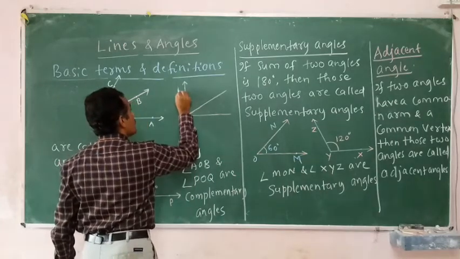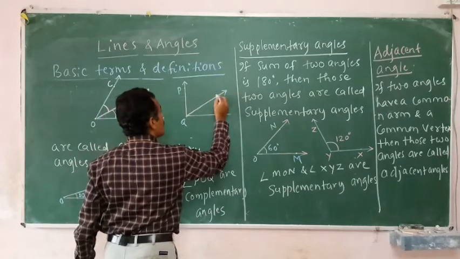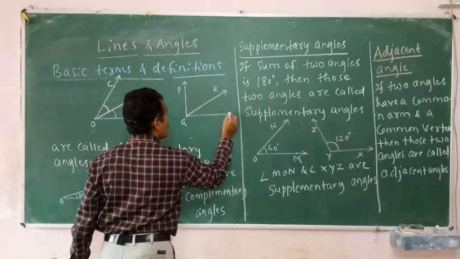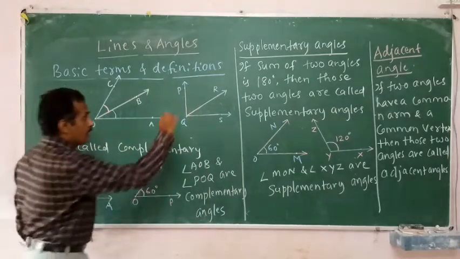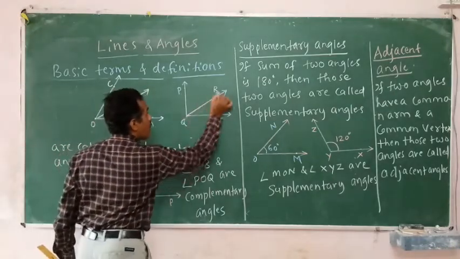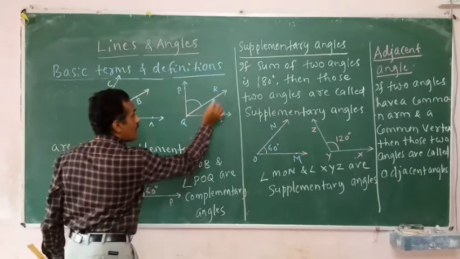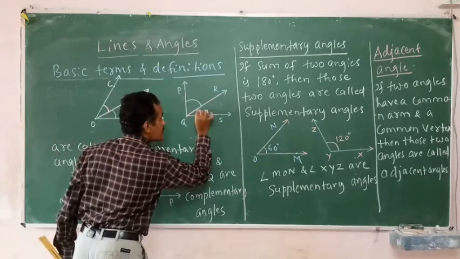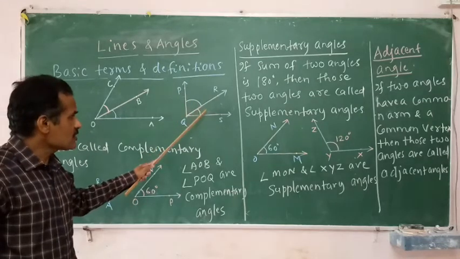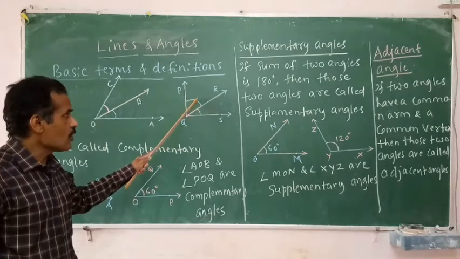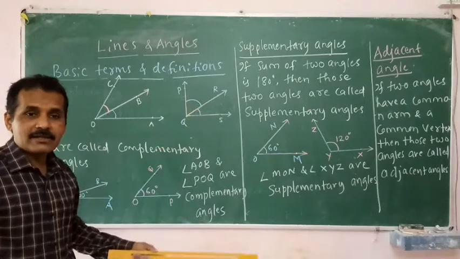Q, P, R, and yes. Again, there are two angles here. One is PQR. RQS is the second angle. But children, no doubt, these two are called adjacent angles.